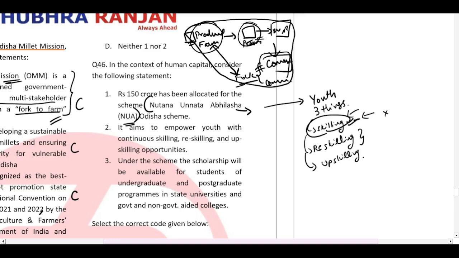Now reskilling. Say a person who already has a basic knowledge about that skill, but because of the changes in the market conditions, now we need to go through training and research and development. So the knowledge transfer has to happen. So that is reskilling. For a person who already has a skill, it's like you are sharpening the knife. Let us take an example of an engineer.